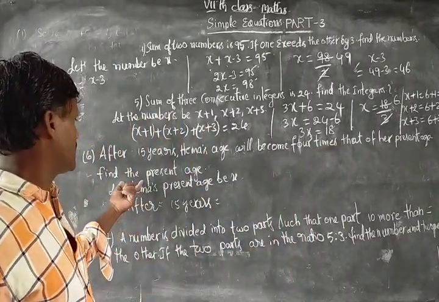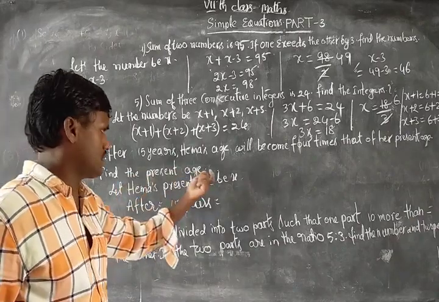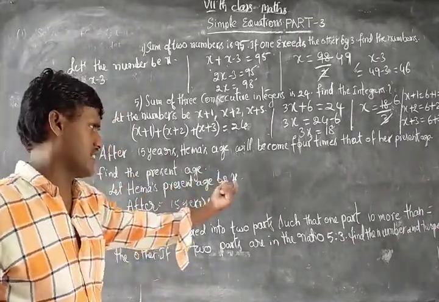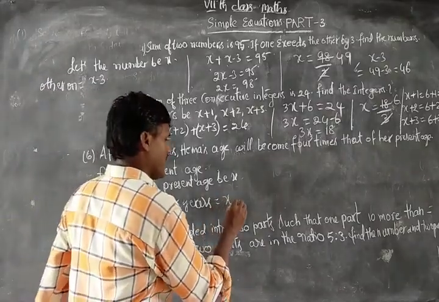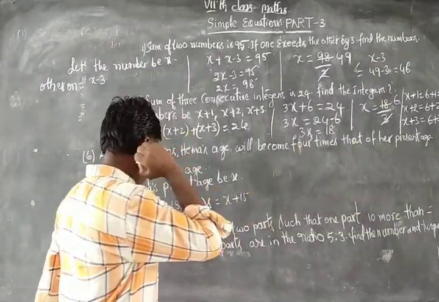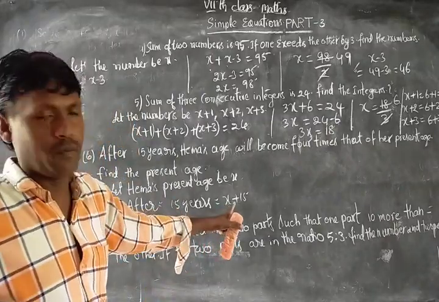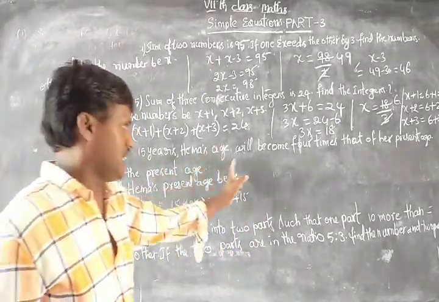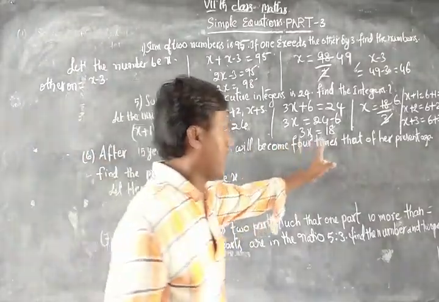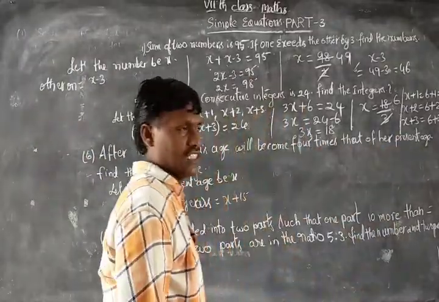Here, I assumed the present age is x, so after 15 years means x plus 15. But he told us that Hannah's age will become 4 times her present age.